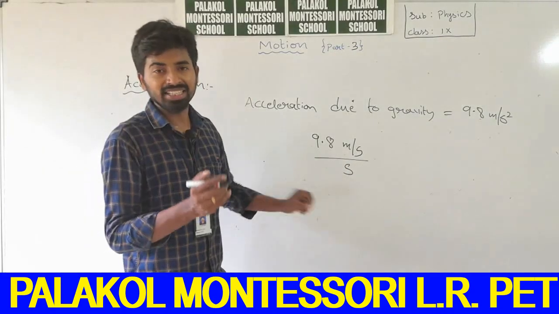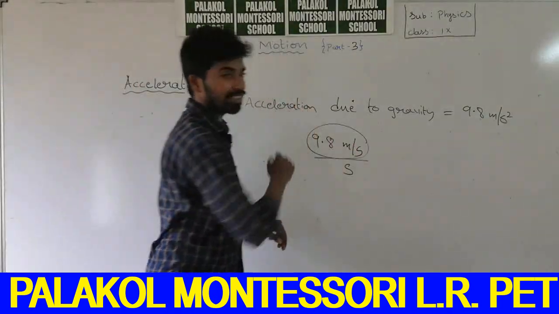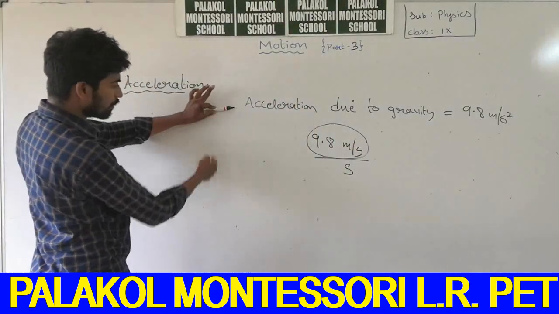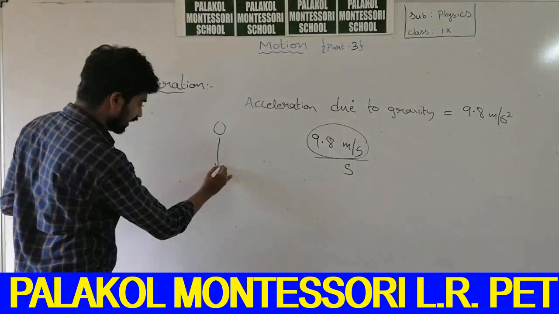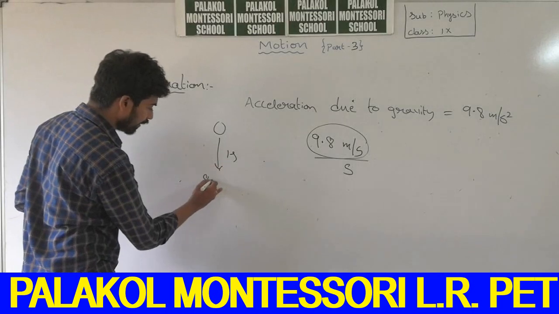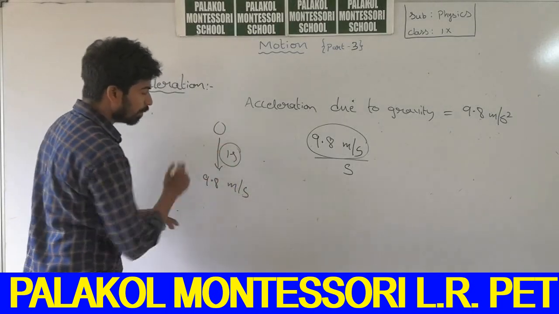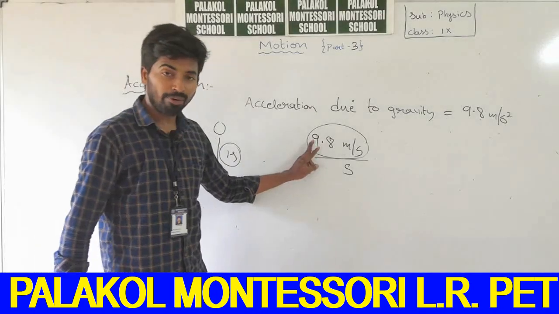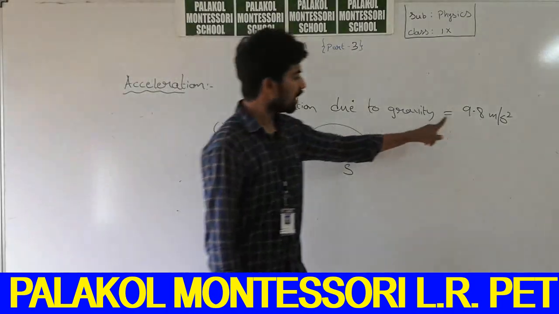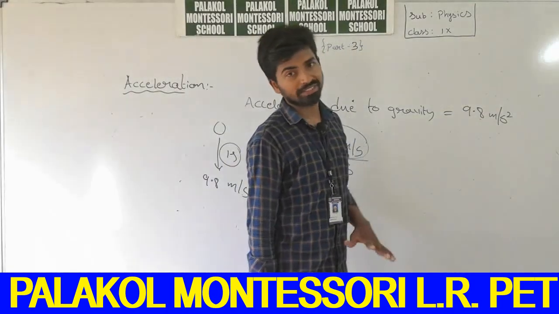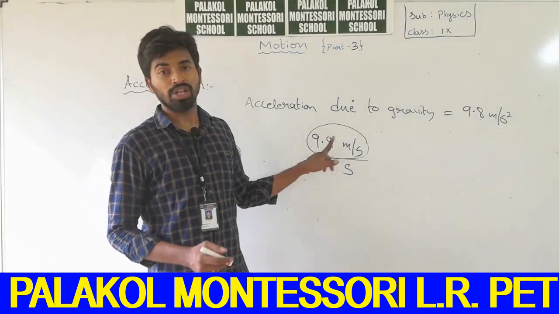In 1 second, the speed of the object increases to 9.8. Initially the speed of this object is 0. After 1 second, the speed becomes 9.8 meters per second. So, in 1 second, the speed increases by 9.8 meters per second.